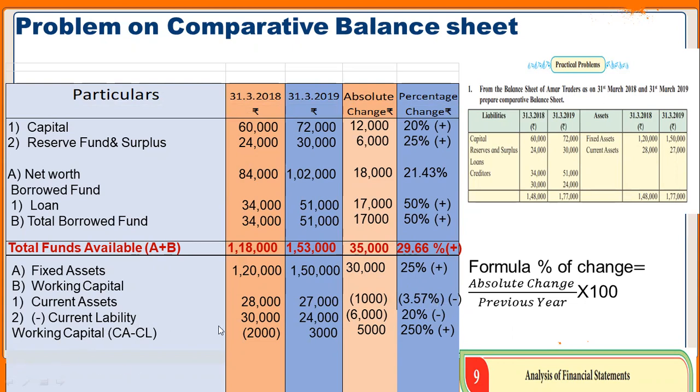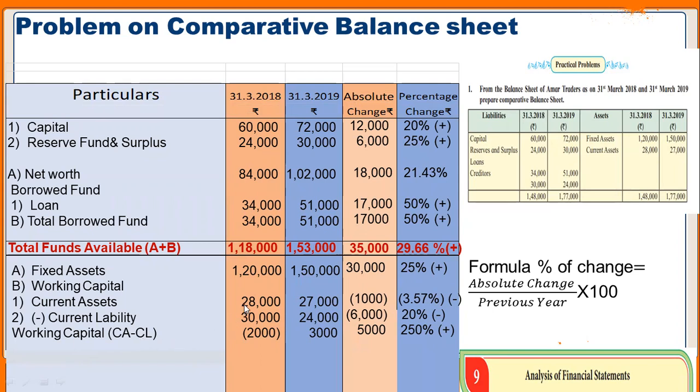Current liability balance: 2018 current liability is 30,000. 2019 liability is 24,000. Again absolute change is in minus, so we have to write it in bracket, that is 6,000. So percent change is minus 20%, means decrease by 20%. Working capital formula is current assets minus current liabilities.